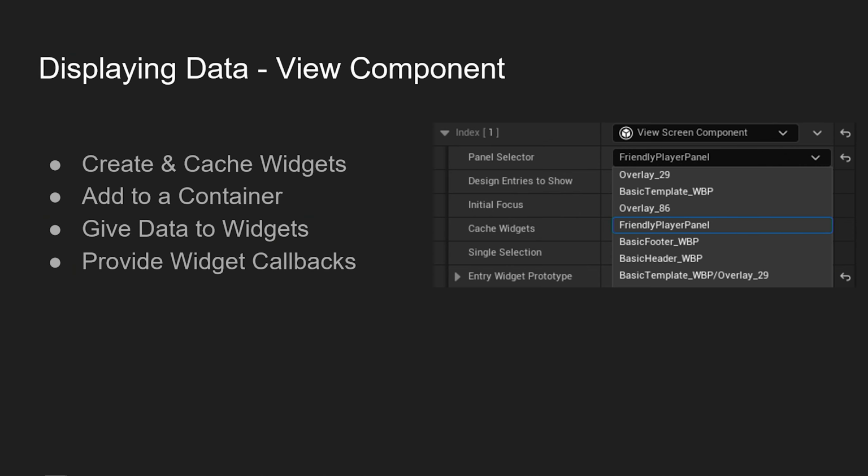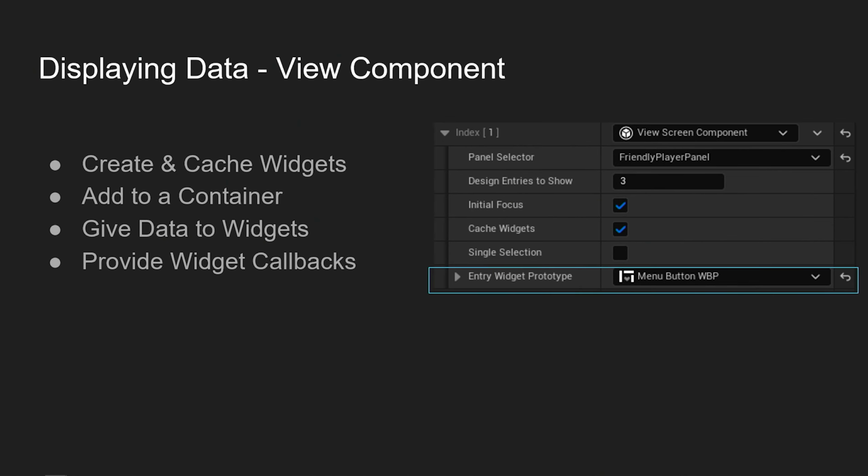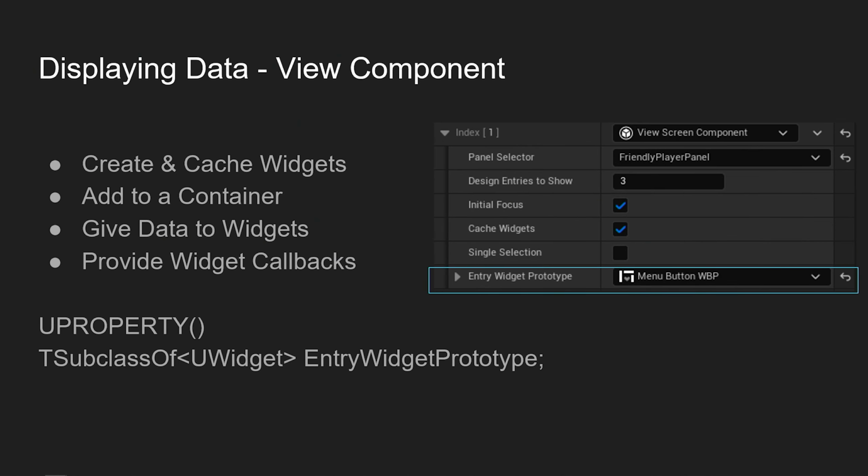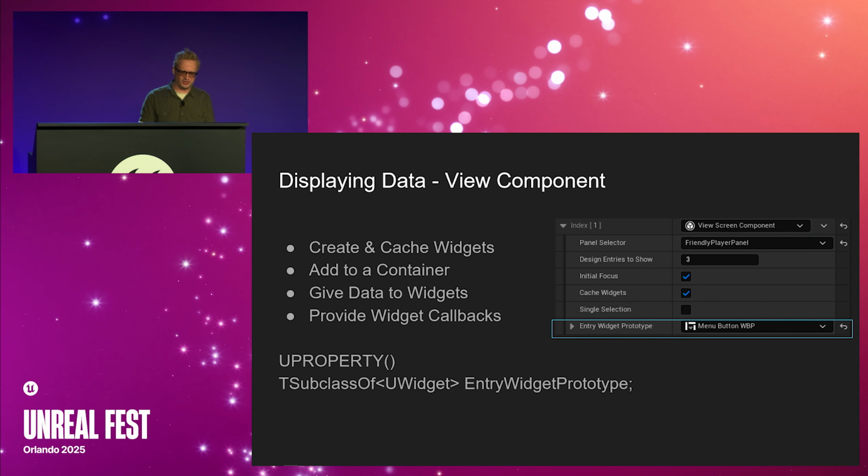So in terms of selecting what container it goes to, we put in a widget selector, which will just go to your design view, and you can pick any widget that you've put there. Now, one thing I want to point out here is that you may think that what I have highlighted here is a TSubclassOf, right? That's usually what it looks like in Unreal, where you choose a class.